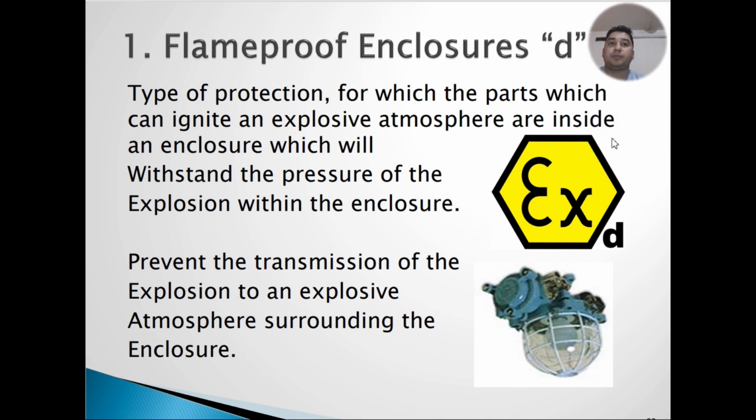Even a light bulb can get hot, and that can also act as a source of ignition. In this type of protection, the parts which can ignite an explosion in the atmosphere are inside an enclosure which will withstand the pressure of the explosion within the enclosure, and prevent the transmission of the explosion to an explosive atmosphere surrounding the enclosure.